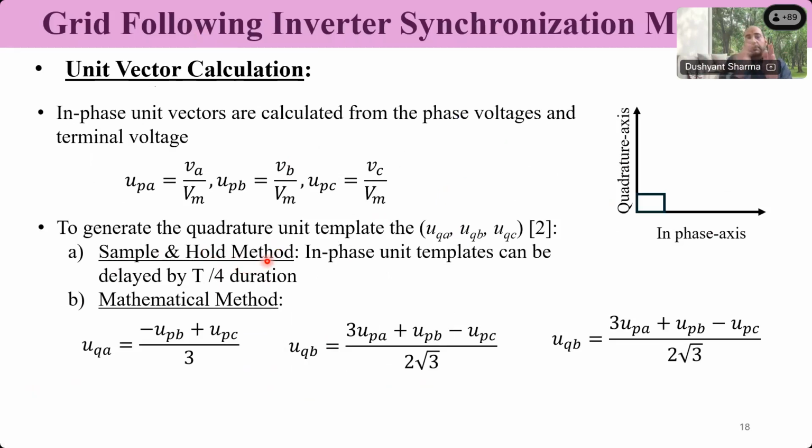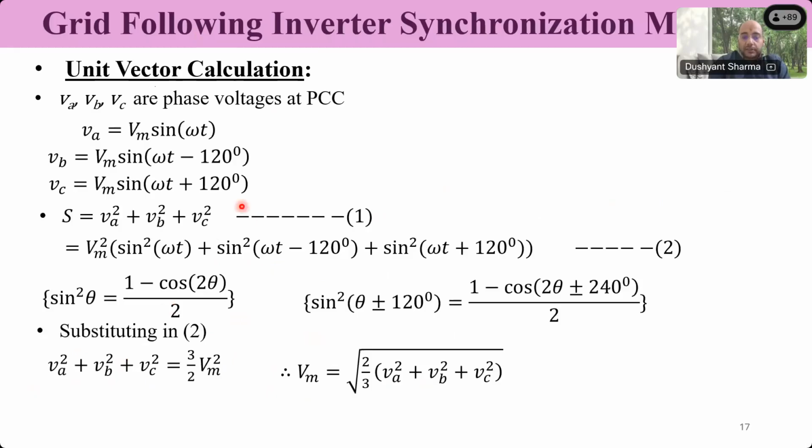Because now every sample will be shifted by T/4. T/4 means our waveform will be shifted by 90 degrees, 360 by 4, 90 degrees. Here we have to wait for T/4 duration. Another method is to use a mathematical approach. Do some mathematical calculation, just like we have done here in this case.